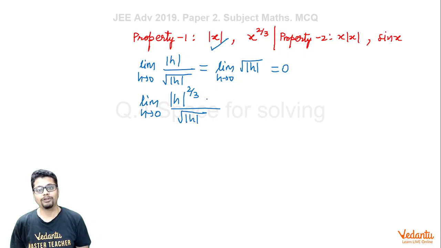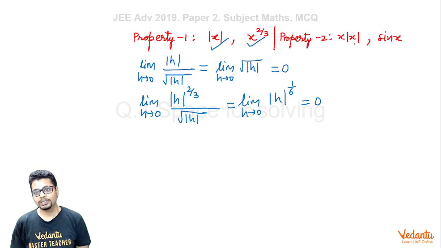Now what about f of 0? f of 0 is clearly 0. You put x to be 0, it is 0. So it becomes limit h tending to 0 of mod of h to the power 2 by 3 minus half. Why? Because under root mod h is in the denominator. So 2 by 3 minus half is essentially 1 by 6. Again, the limit exists, is finite, and is equal to 0. So even this function has property 1.